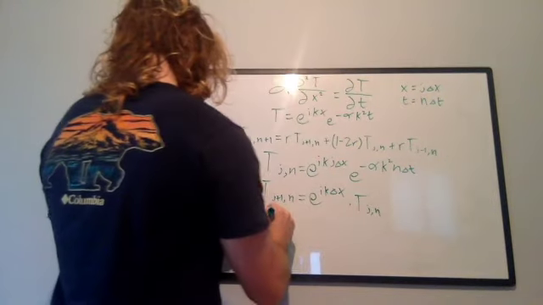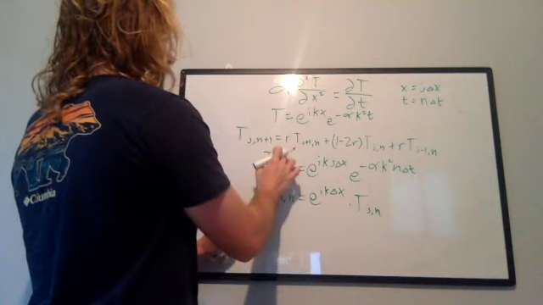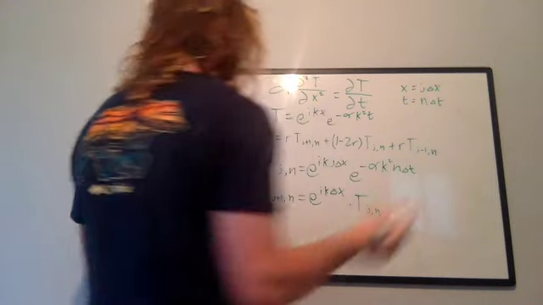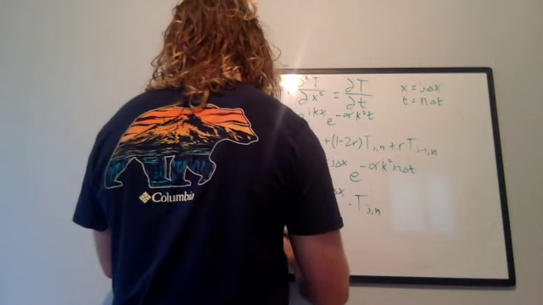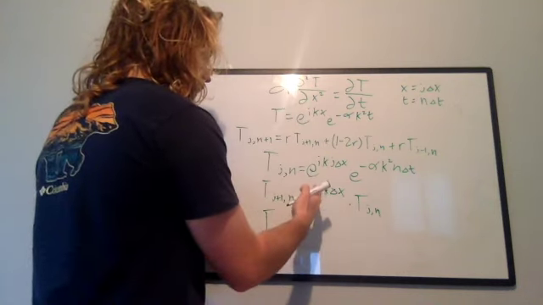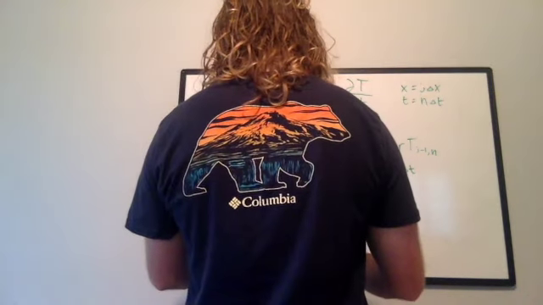And then for the temperature at the position left of our initial position, again, this is also going to be taken at the same time, so this part over here is not going to be affected. This is going to be the same thing except with a negative exponent right here because we're subtracting 1 instead of adding 1.